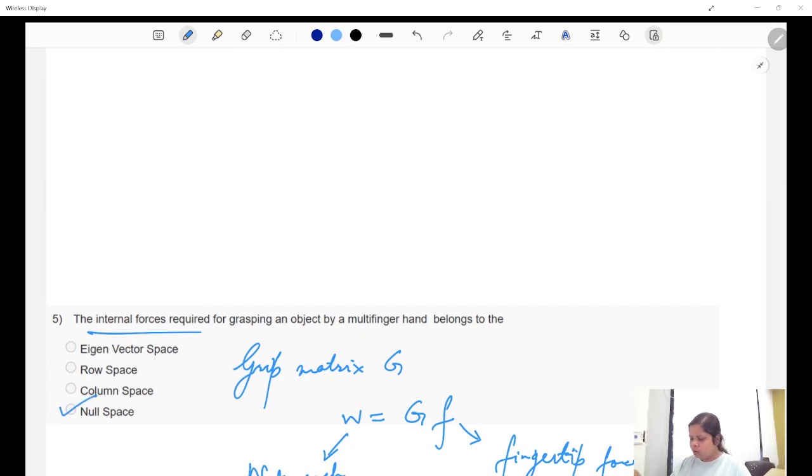The other options are wrong. The first one is eigenvector space. It is related to matrix transformation or dynamics, not relevant for static and internal forces in grasping. Then there is row space. Row space of G corresponds to linear constraints on the wrench space, not internal forces. The column space corresponds to achievable wrenches. I'll write it here.